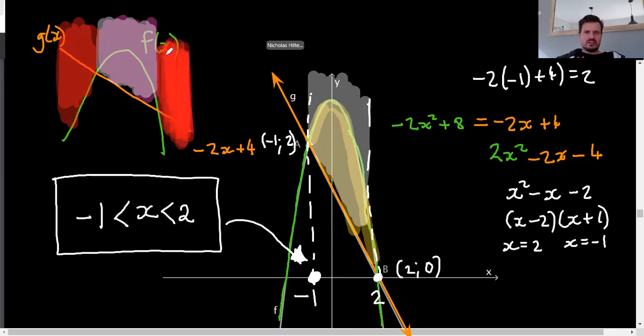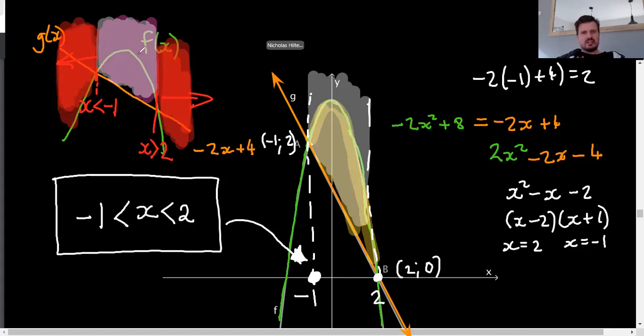So if they asked where g of x is greater than f of x, then our answer would be where x is less than this -1 value here, and x is greater than 2. So it will be on either side, that way and that way.